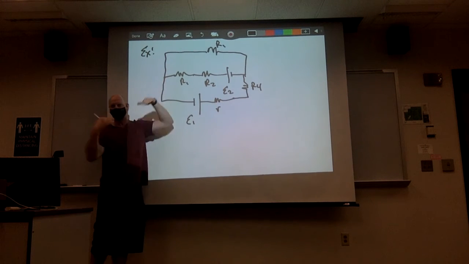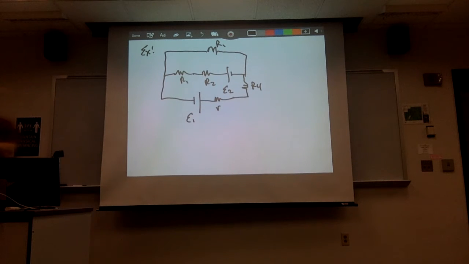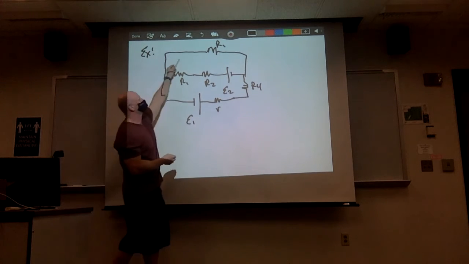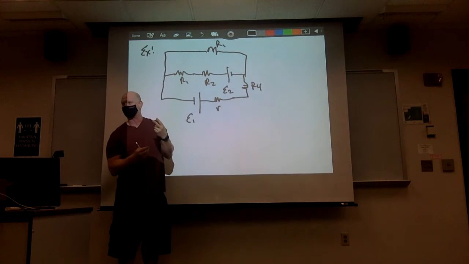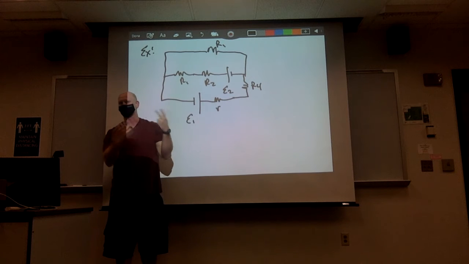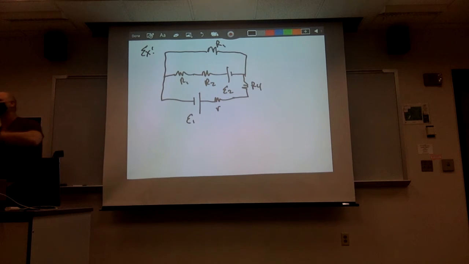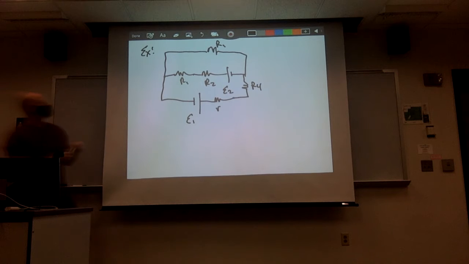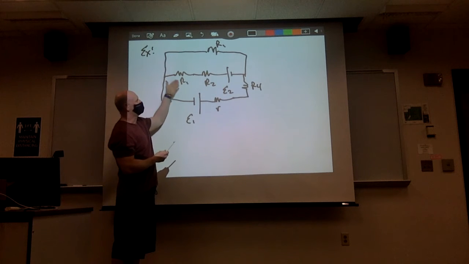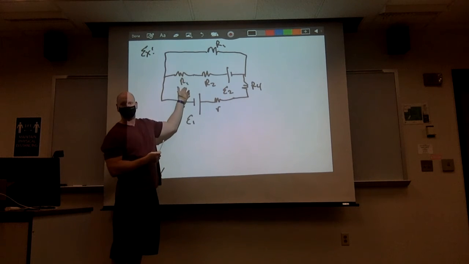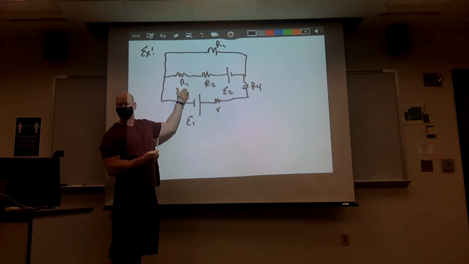So if you think about this in an algebraic expression, what I have are 3 equations, but only 2 of them are independent. The third one is based off of those other 2 pre-existing ones. It's simply a superposition of those 2 other expressions added together. So the general rule is that if I have n number of loops, only n minus 1 of those loops are actually independent.